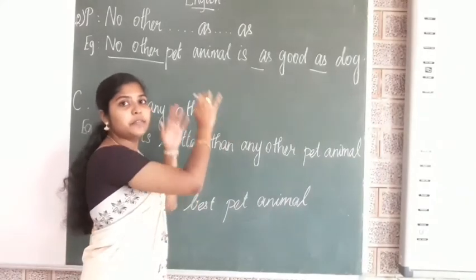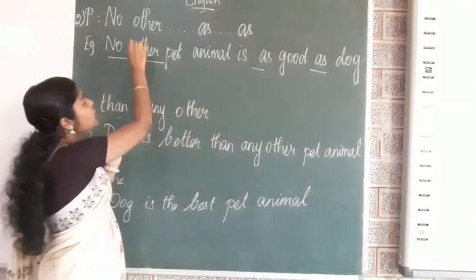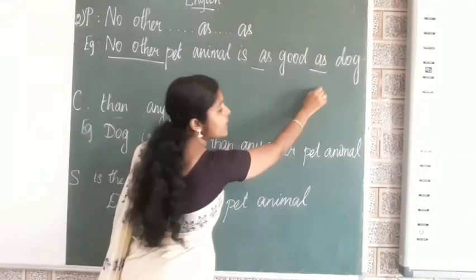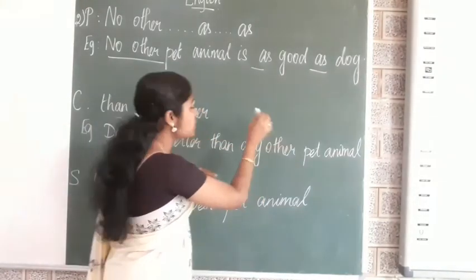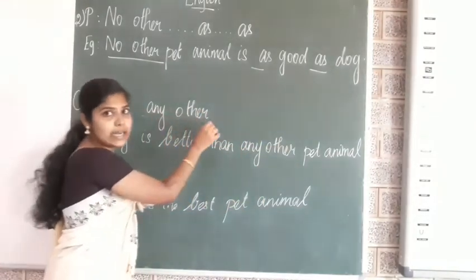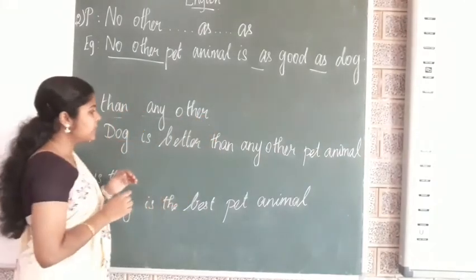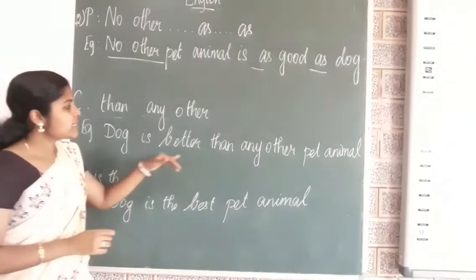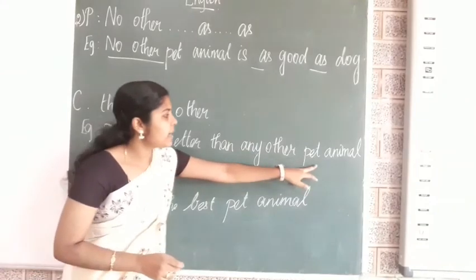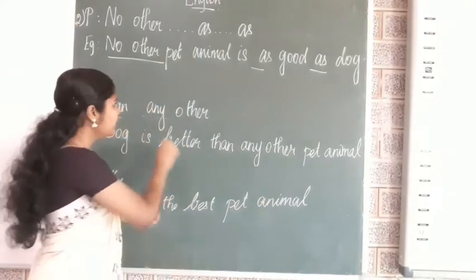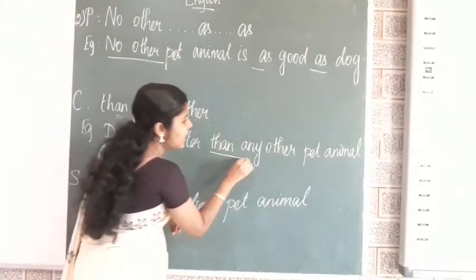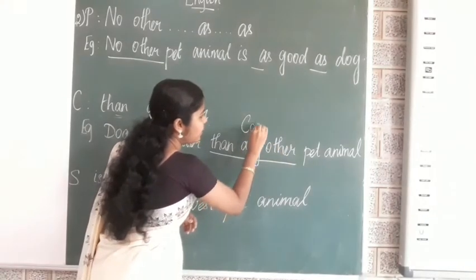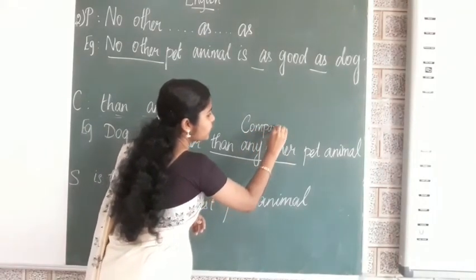If the positive form of the sentence has no other as, then the comparative should have than any other. Okay, now look at this example. Dog is better than any other pet animal. Than any other is the comparative form.